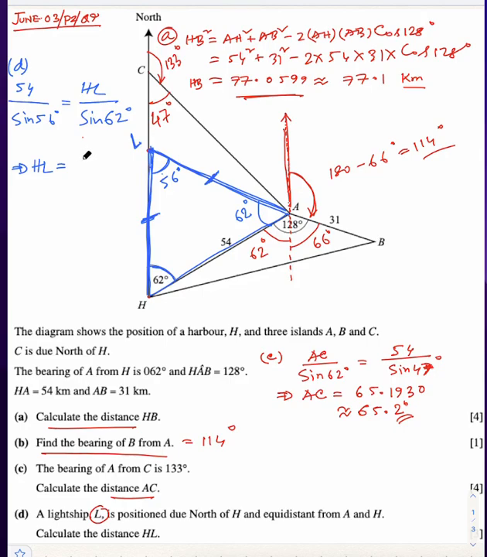So HL equals 57.5114, which is 57.5 kilometers. That's the end of the math.